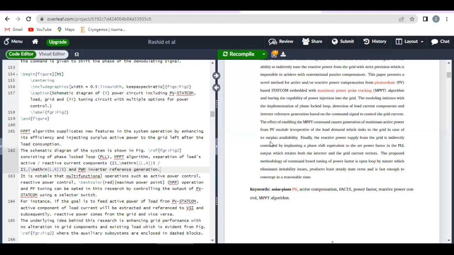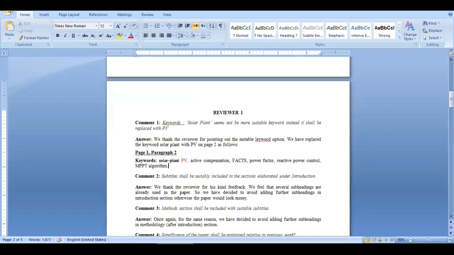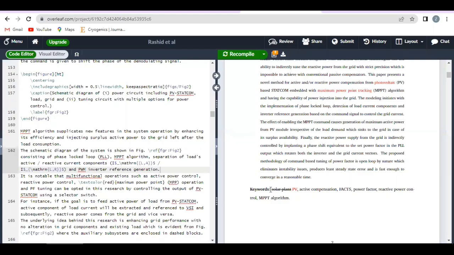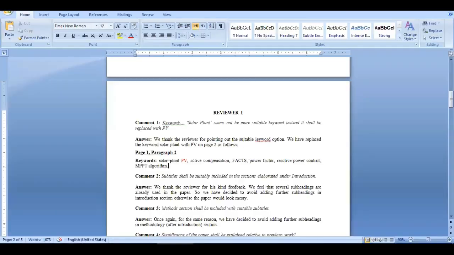So I have made this modification on the first page, and this modification is also copied in the response letter. And here you can see that in page 1 paragraph 2 these are the revised keywords, and all the other keywords are kept the same, and only the first keyword for which the reviewer requested the modification has been changed.